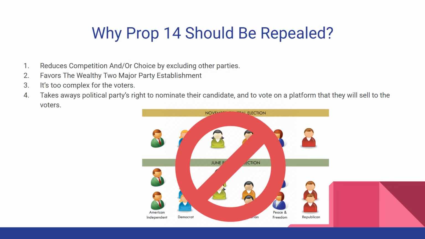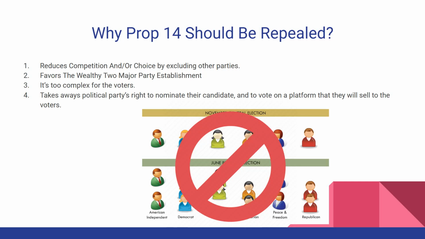So this overall conclusion leads me to the fact that Prop 14 should be repealed. The top two open primary system should be repealed and replaced. For one, top two primaries, or top four or top five primaries, should be replaced because they reduce competition and choice by excluding other parties. They favor the wealthy two major party establishment.